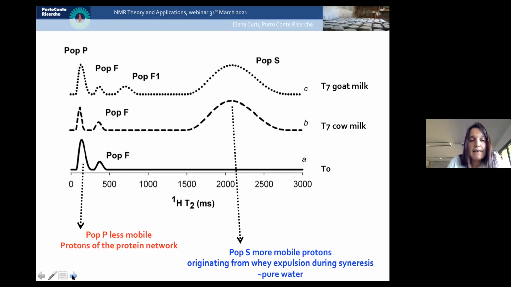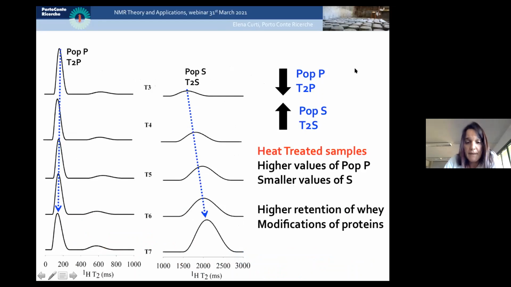If we go back to what happened when we heat-treated milk, in this study we could see that there was a difference in how T2 relaxation changes over syneresis.